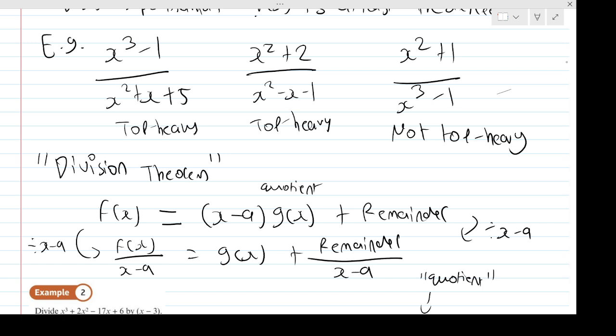You need to be able to spot a top-heavy algebraic fraction, which then allows you to do division. But you don't need to worry about the division theorem and stuff like this. It just helps you to visualize what the method is doing. It chucks out a quotient, which is g of x, and it chucks out a remainder at the end. And that's all this division theorem is saying.